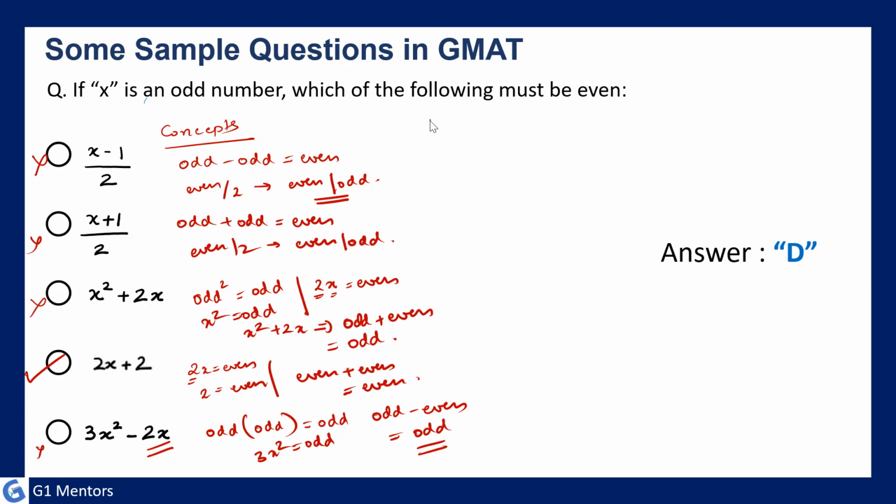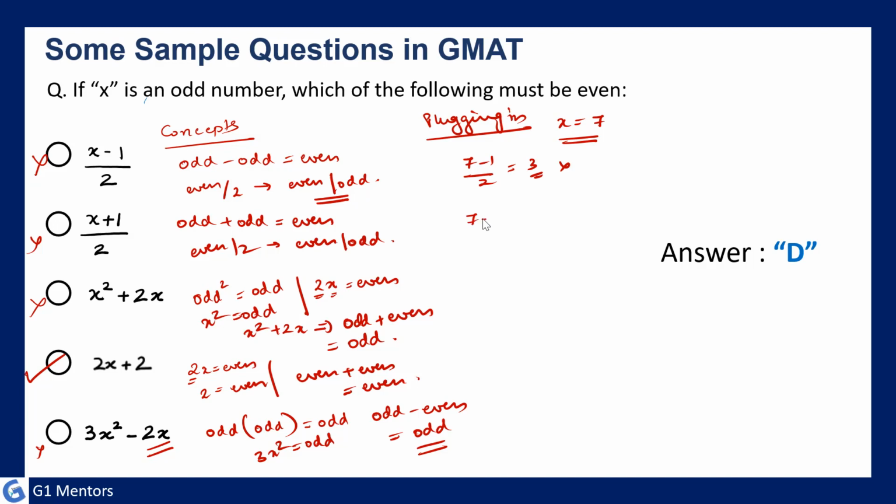Now let's see by plugging in. It says if x is an odd number, let us assume x is equal to 7 or any other odd number you can choose. So on answer choice 1, 7 minus 1 by 2 is equal to 3, which is not even. So answer choice 1 is not an answer.